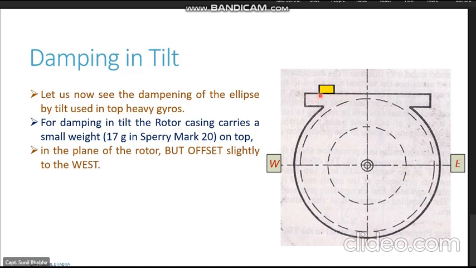It is exactly in the same plane as the rotor. It is in the plane of the rotor, but you can see it is offset slightly to the west of the spin axis. You can see this is the westerly direction, the left side, and the small weight which we are placing is not on top of the rotor, but slightly offset to the westerly direction.